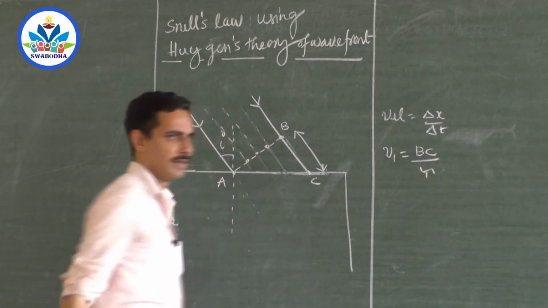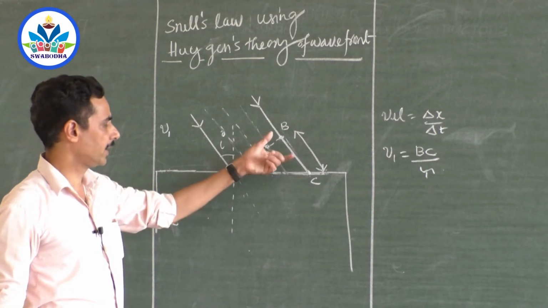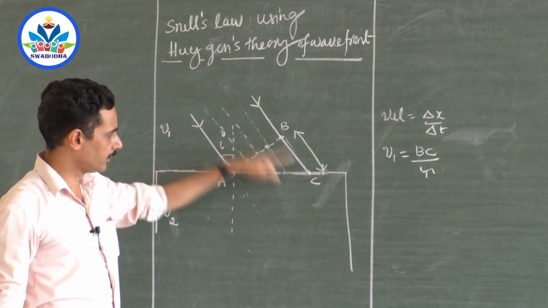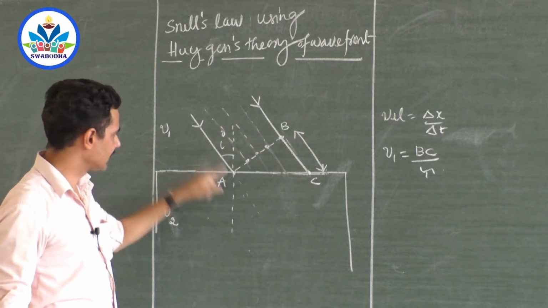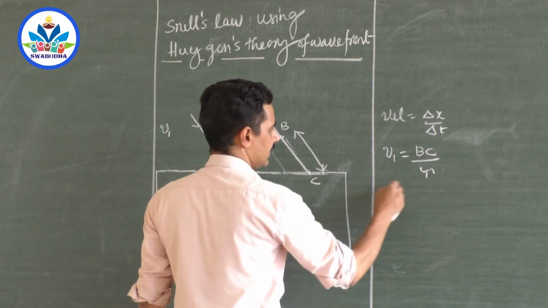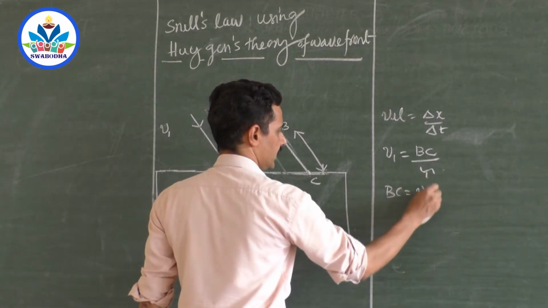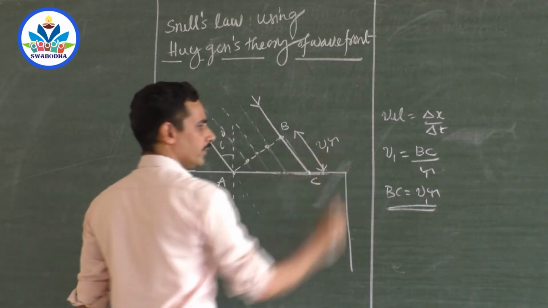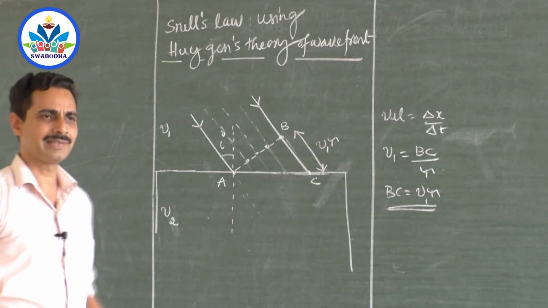We will take it as a common time. The time taken by the wave at the rightmost end to reach from B to C is the time in which this has started its journey inside. BC by tau, and what is BC? BC is equal to V1 into tau, right? So shall I write this distance as V1 into tau? V into time is the displacement or distance.